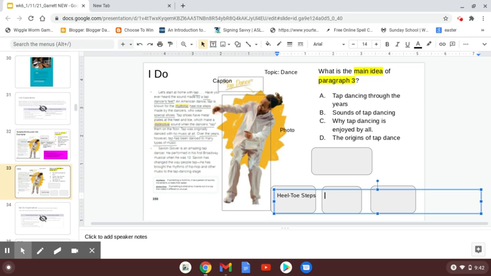In my second box, I'm going to add my next text evidence, or my next detail, and that's that dancers tap their feet on the floor. Dancers tap their feet. Oops. Feet on floor.